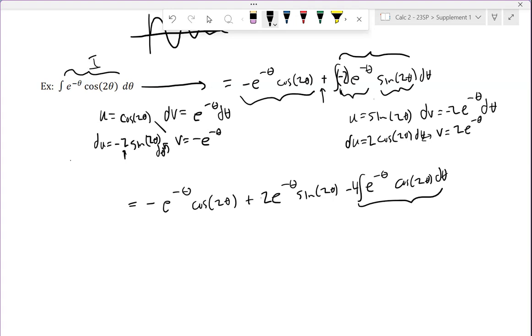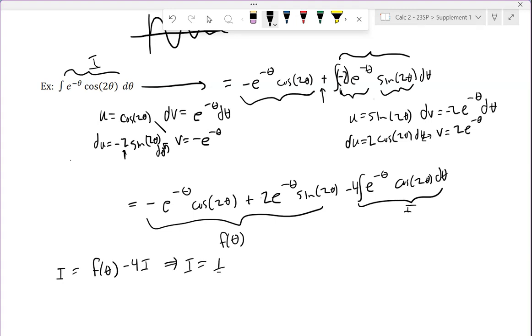If I call this something like I, and let's call this maybe f of theta, I note that I have I equals f of theta minus 4I, which says, well, 5I equals f of theta, I equals 1/5 f of theta.